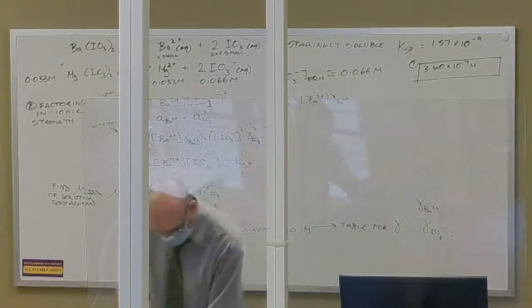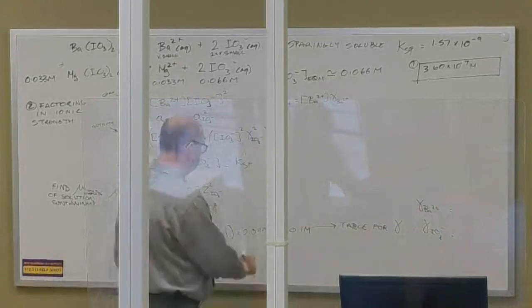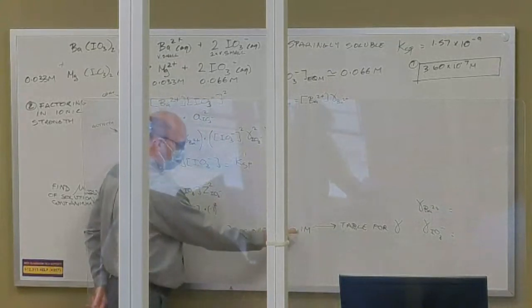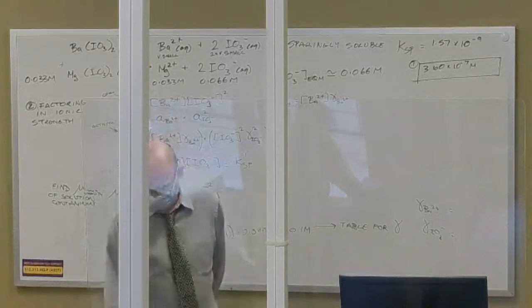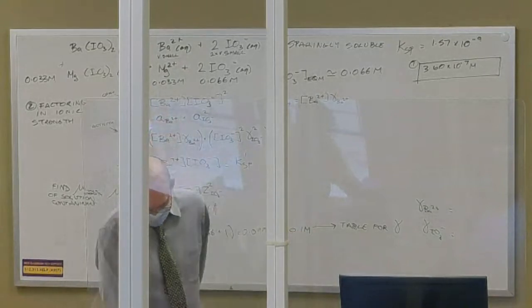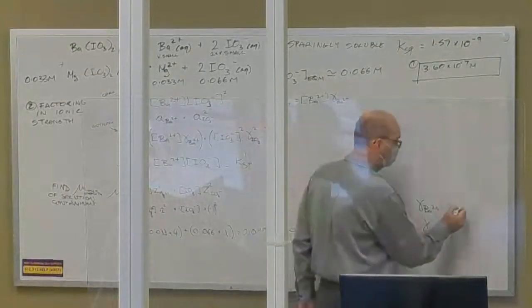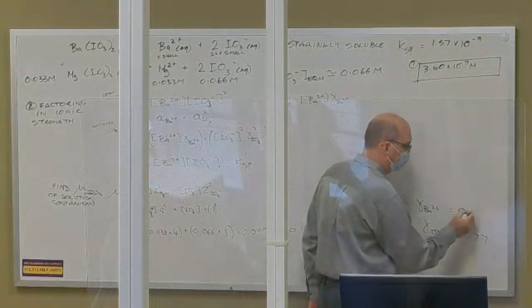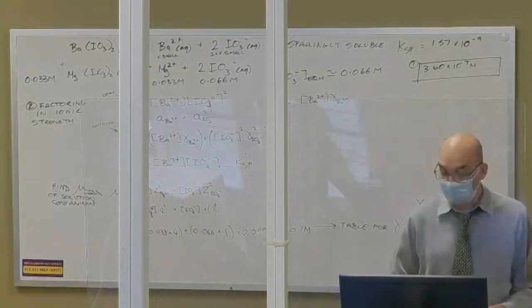At 0.1. Iodate is 0.775. And barium is 0.38. Yeah, those are the numbers that we came up with on Thursday. Okay.